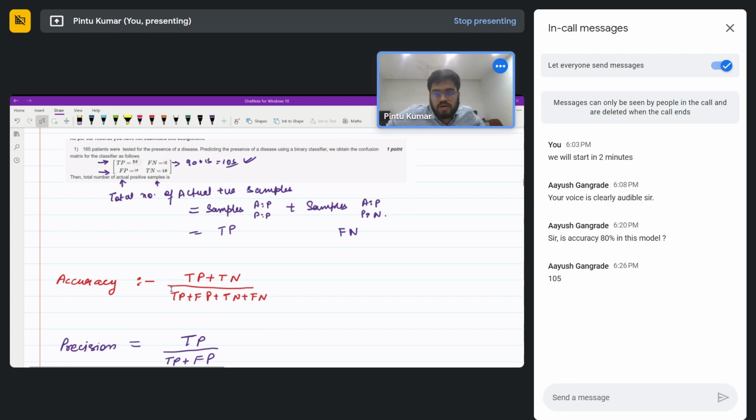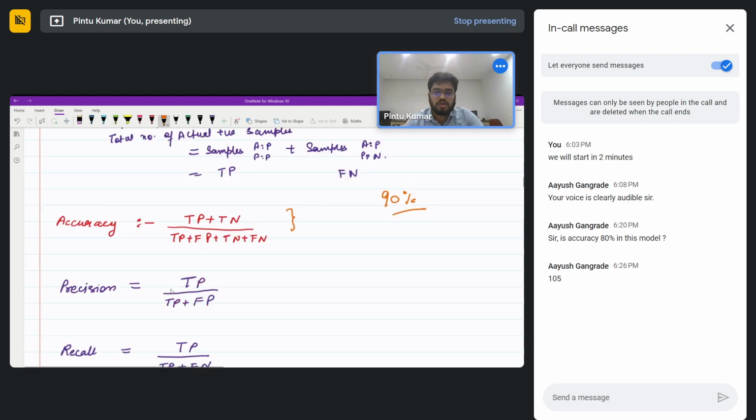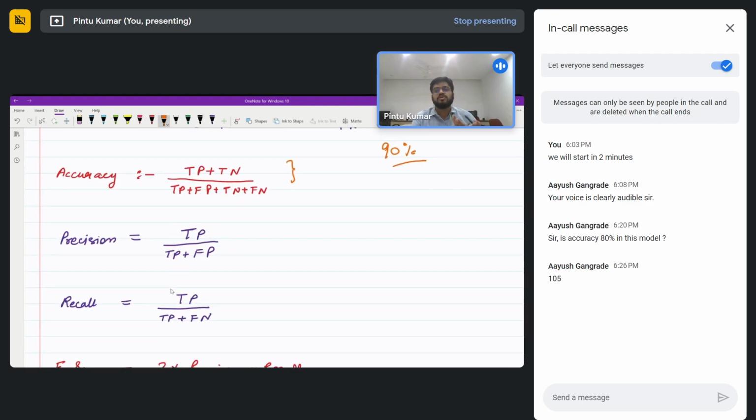Now we talked about accuracy, and with the help of an example, we saw that accuracy is not always good because we had an example where we had 90% accuracy, but the model was pretty bad because it was predicting everything as belonging to class 1. So we have other measures of classification. The first one is called precision.